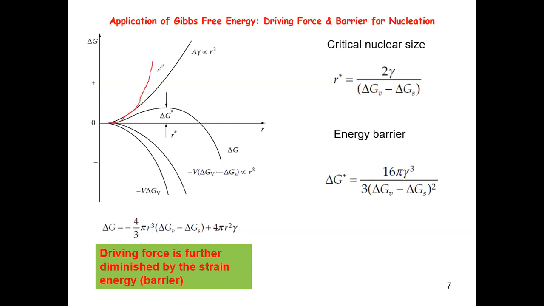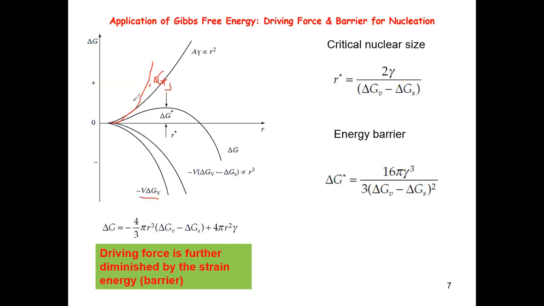This may not be to scale, but this term is basically proportional to the strain energy contribution. For small r, the interface contribution is going to be more significant, but it is overwhelmed for large r. This is a rough drawing, but you get the idea. And this is my delta G_V, which is the bulk free energy reduction.